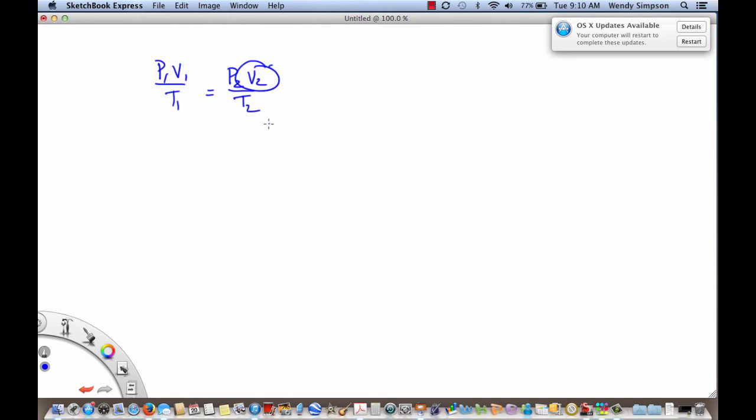That means we need to isolate V2. The easiest thing to do here is do the old cross multiply. Take this combined gas law and do the old cross multiply. When you do that, you're left with P1 times V1 times T2 equals T1 times P2 times V2.